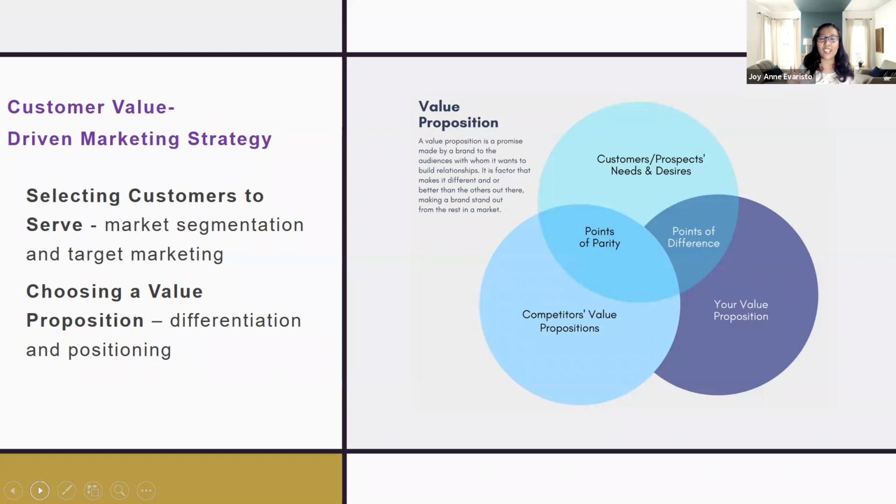You may want to share that during the discussion, and also what target marketing is. Then we need to choose a value proposition, wherein we will do differentiation and positioning. Again, I am offering this slide for your discussion during our synchronous session. A clue: when you discuss choosing a value proposition, you may want to use this diagram.